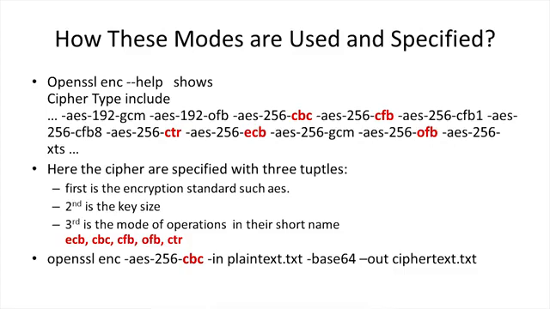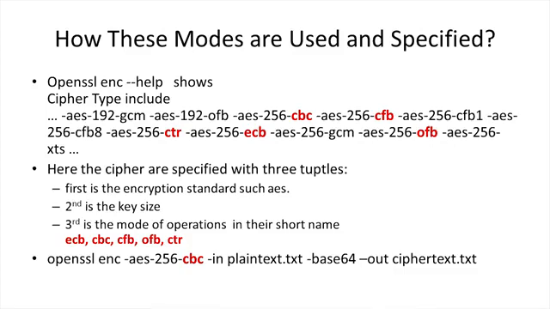In the OpenSSL utility command, you can use --help to list the cipher type options. The cipher type is specified by first the encryption standard, followed by the key size, followed by the short name of the cipher mode of operation we discussed in the previous lesson.